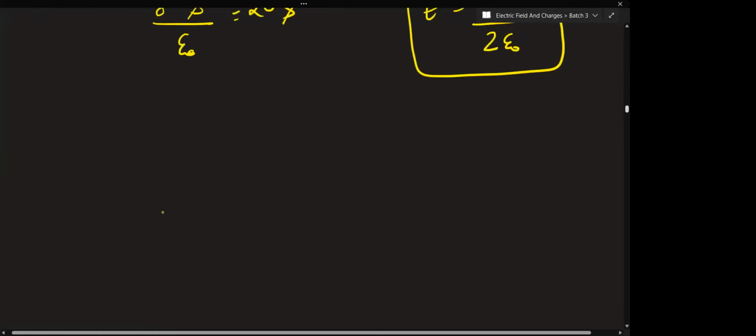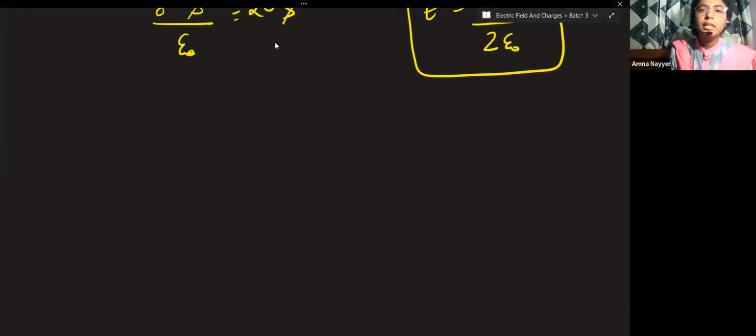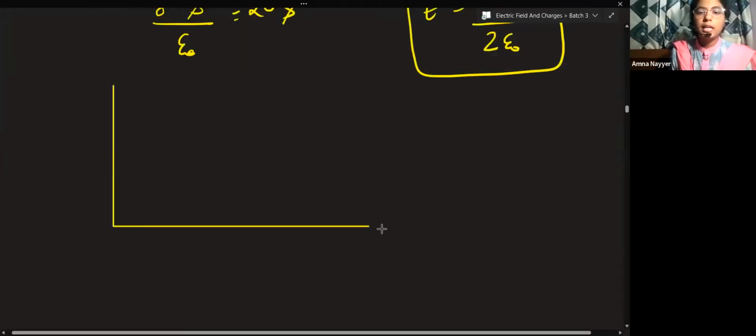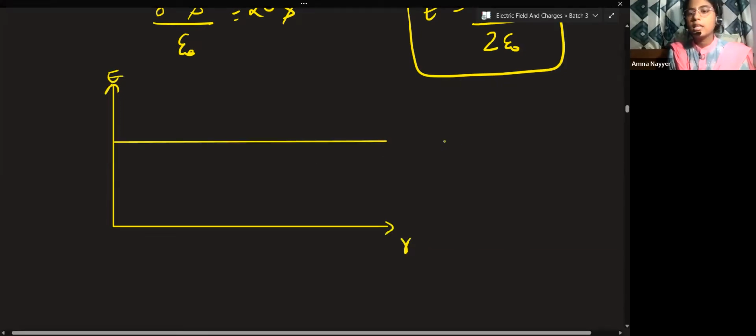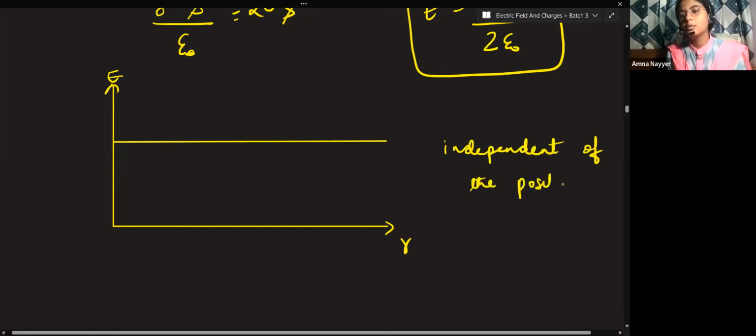So if you plot the graph of it, it will be somewhat like this. This will be electric field. This will be R. Since it is not depending on the position, it will be a straight line. Independent of the position.